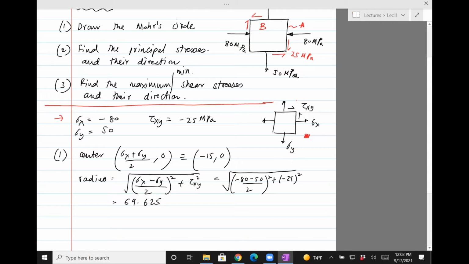And then the radius of the Mohr circle is given by that formula, and that comes to 69.625. Okay, so now let's proceed to draw the Mohr circle. Once we have the center and the radius of the circle, we pretty much can draw the Mohr circle.